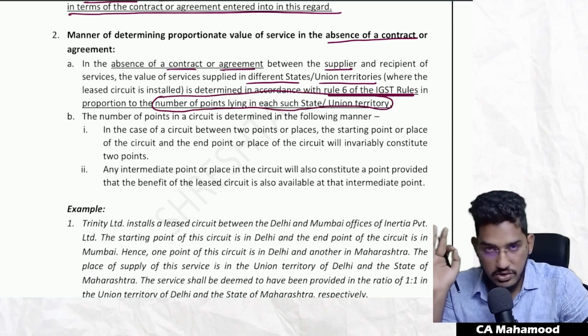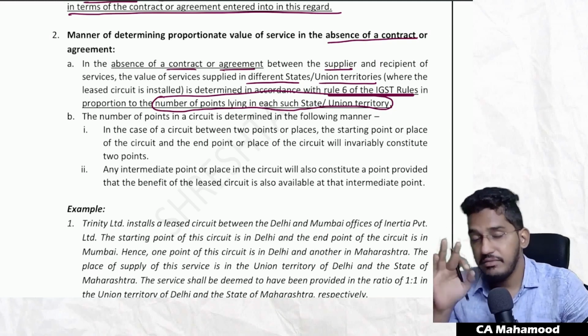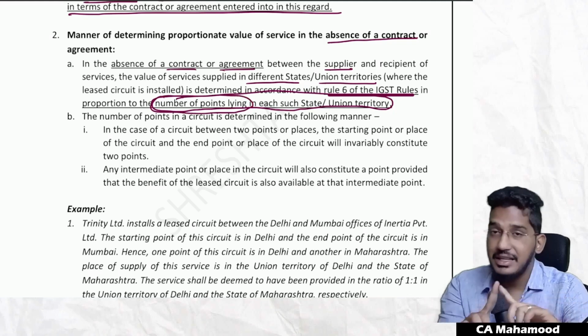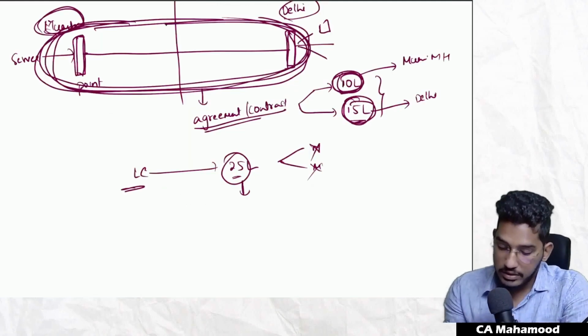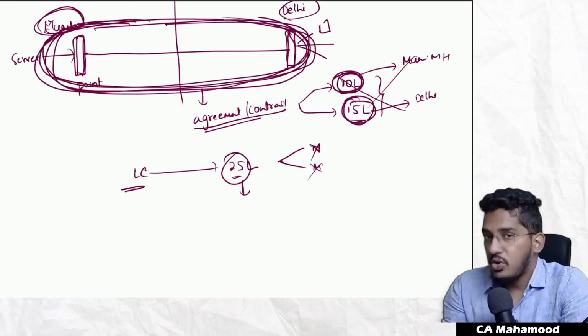If the agreement is not there, then we will bifurcate on the basis of the number of points lying in each state or union territory. So now if you come here, assume that there is no contract, there is a leased circuit going from Mumbai to Delhi and there is no contract.